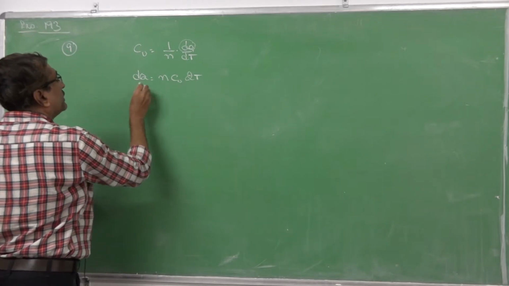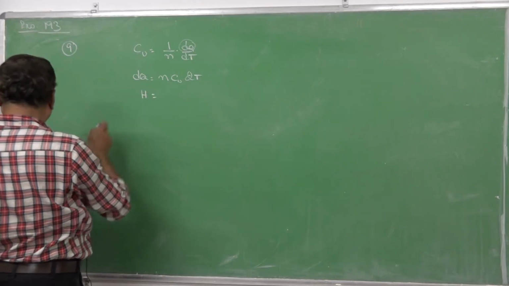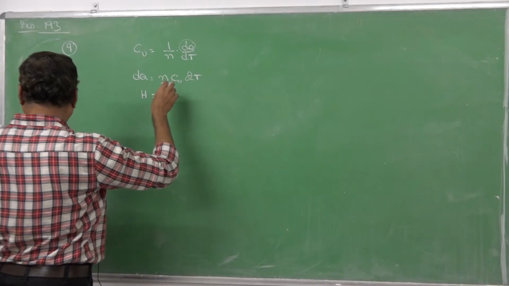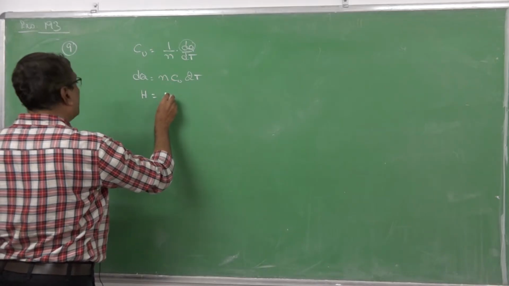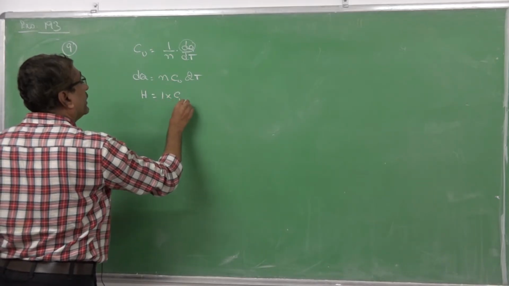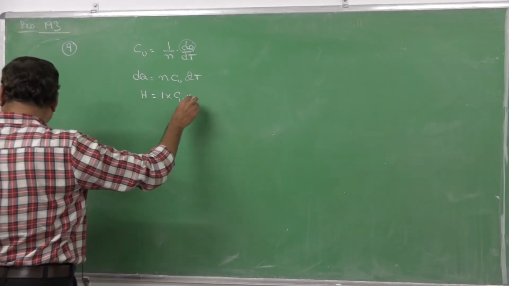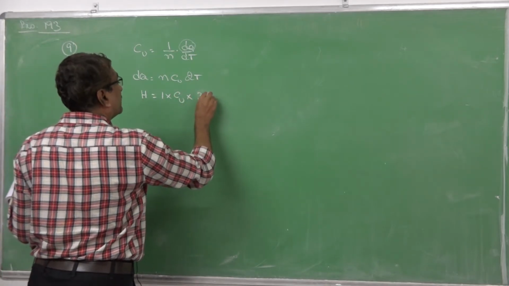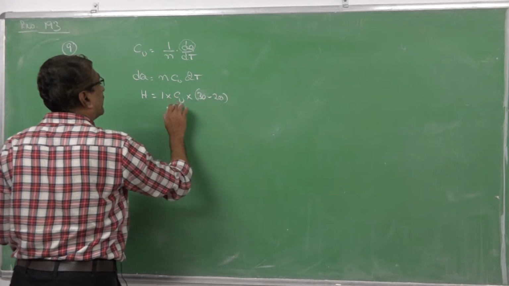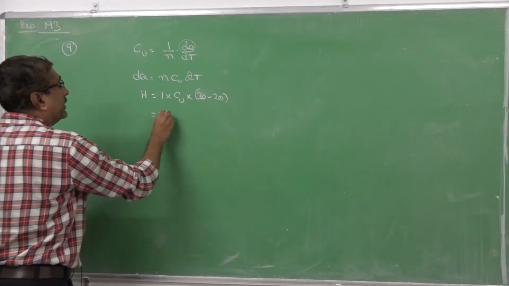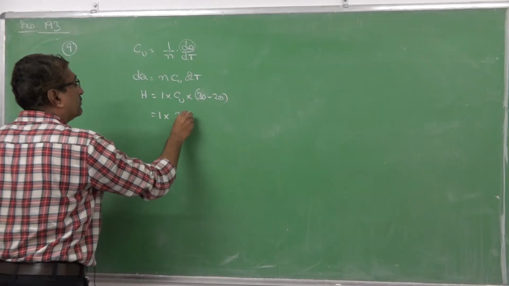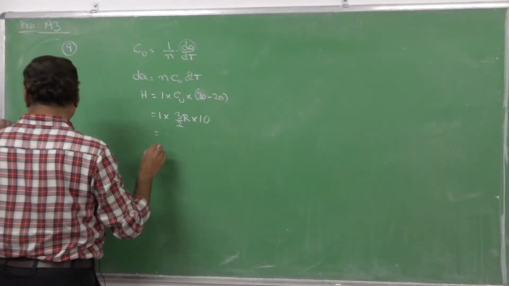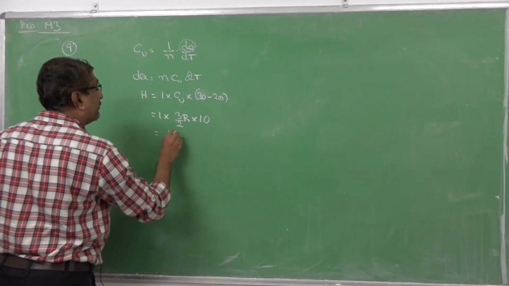So H is equal to, for 1 mole of monoatomic gas, 1 into Cv into dT, 10 degrees centigrade, 30 minus 20. For a monoatomic gas, Cv is 3 by 2 R into 10, that is 15 R.